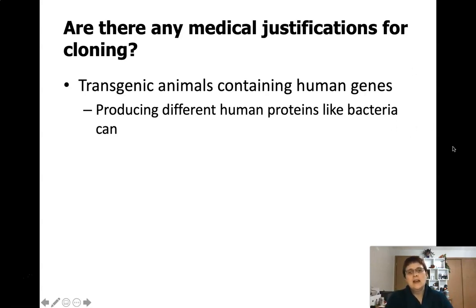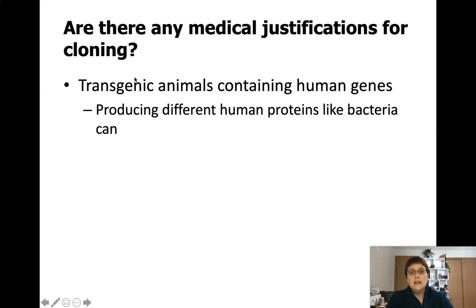Instead, what we're looking at is producing what we call transgenic animals, which contain human genes to produce human proteins like bacteria can. We've already got our little hamsters that do our EPO, and we've got sheep that can produce medications used for treating cystic fibrosis.